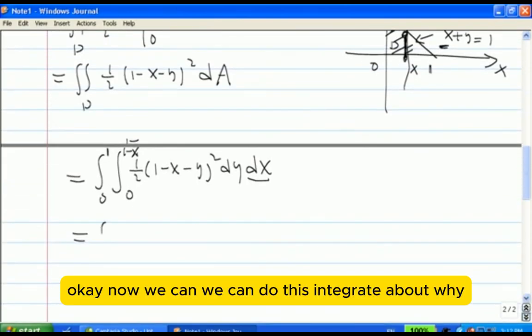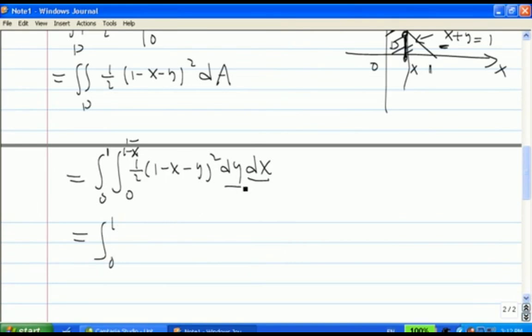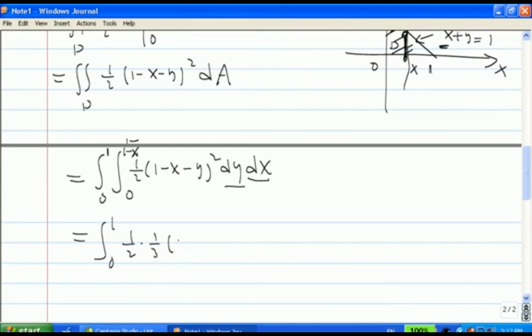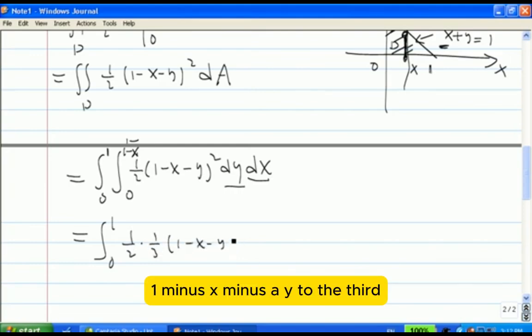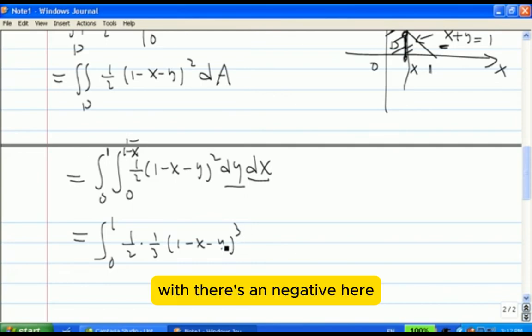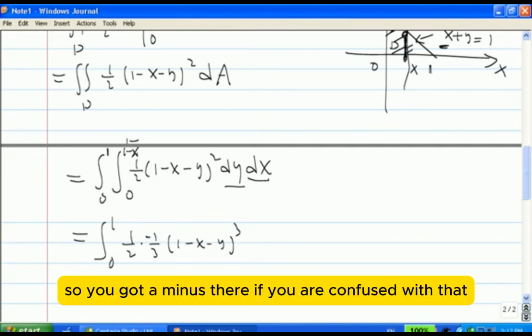Now we can do this. Integrate with respect to y. Treat x as a constant. So this gives you 1/2 times 1/3, (1 minus x minus y) to the third, and there's a negative here, so you get a minus there.